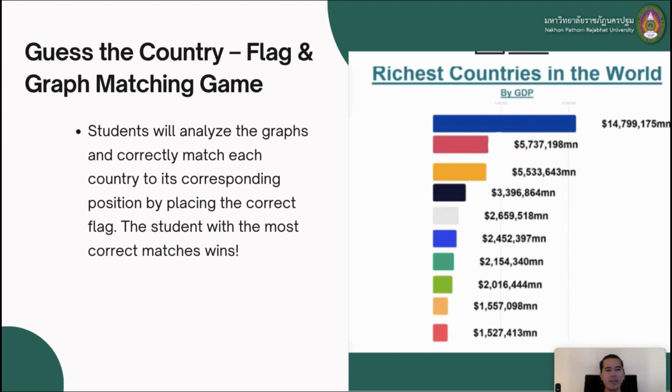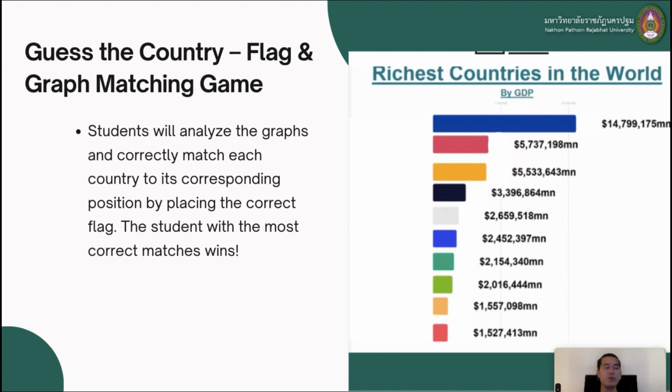For example, we have here, according to the GDP, the highest is 14,799,175 dollars. You're going to tell me, there are how many here? One, 2, 3, 4, 5, 6, 7, 8, 9, 10. So you're going to think of 10 countries which you think are represented in every graph.